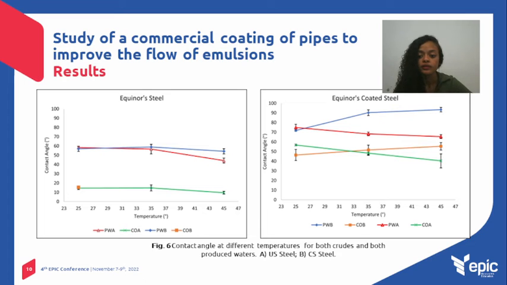The comparison between US and CS steel plates indicates that the US steel surface is more wettable for both oil and water phase. Over 35 degrees Celsius with US steel, it was not possible to measure the contact angle for the COB oil because the low value is below the instrument limit.